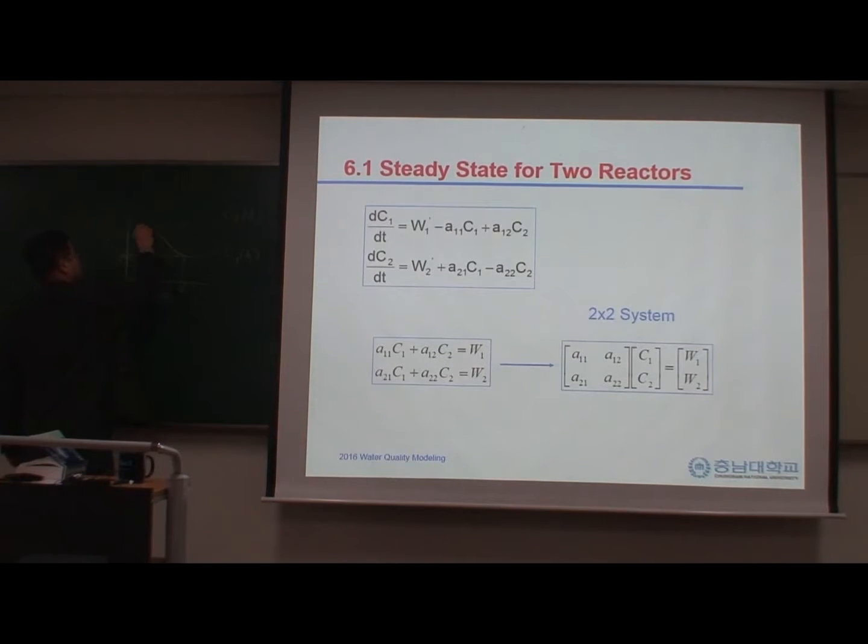And C2 at T star, right? So if we have a function like this, it's just a matter of finding the t-axis and then trying to find the matching y value, or C value in this case.